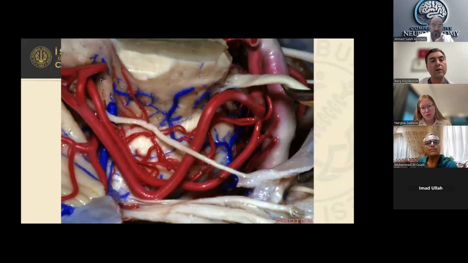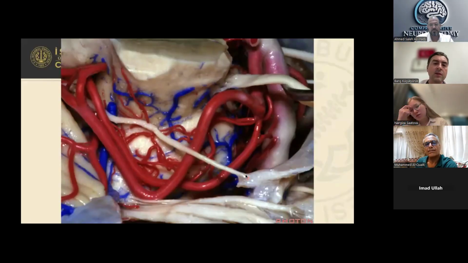It originates at the inferior margin of the inferior colliculus and goes around the brainstem. But at the end, the importance of the fourth nerve is that it joins the free edge of the tentorium.